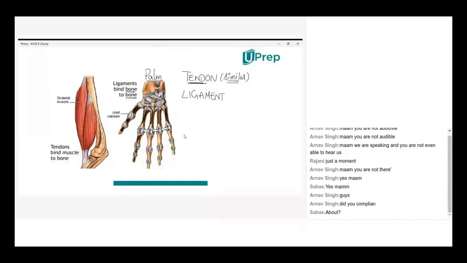I'm shading the parts. Now we take this finger. Each bone is joined at this part. Bone and bone is joined at this part. So the part which joins bone and bone is ligament.